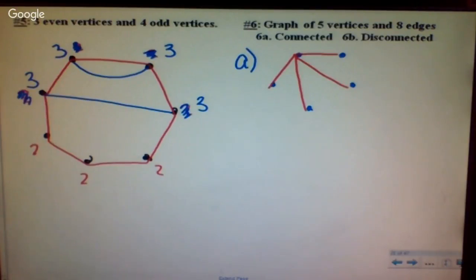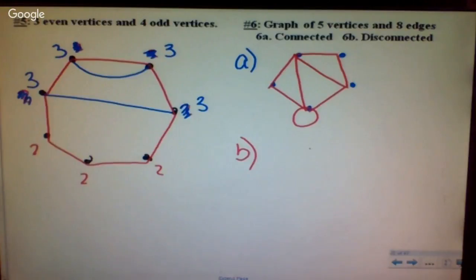So how many lines have I drawn so far? 4. Now I just need to add 4 more. So 5, 6, 7, 8. You can draw yourself a loop. Okay? So your first job is to make sure it's all connected and then add whatever else you need to do.